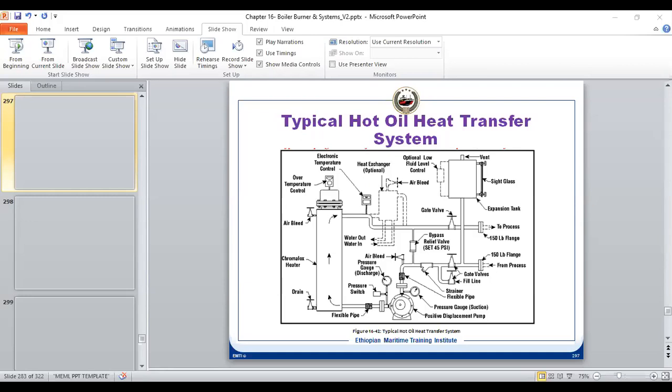But to come back to the original question, why we don't use a high capacity pump is because it would be expensive. Usually when we are using the full capacity of this system, the outlet will be cold, so the pump can work normally. But sometimes we may not have enough cargo to heat up, so the hot oil will be circulating back.